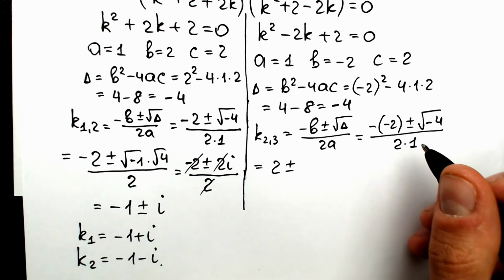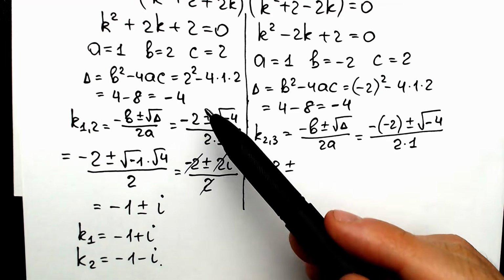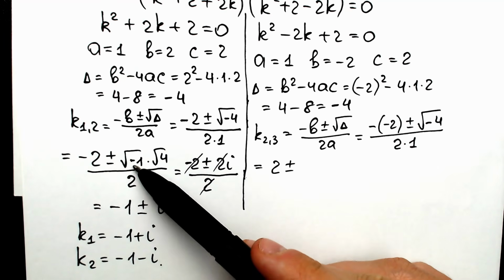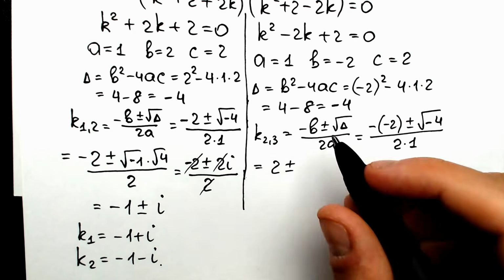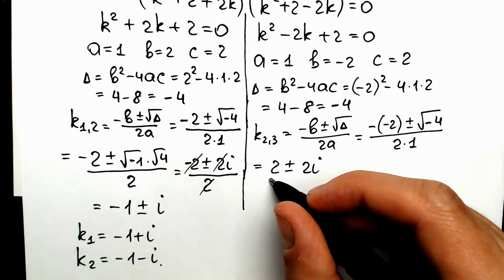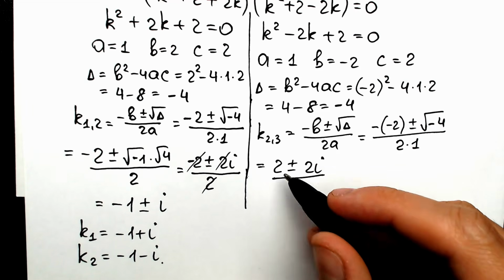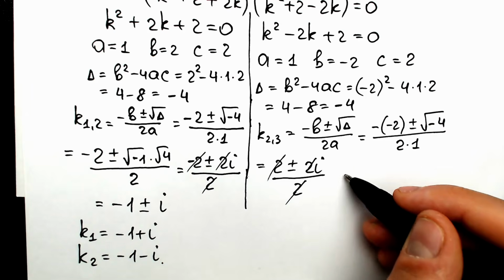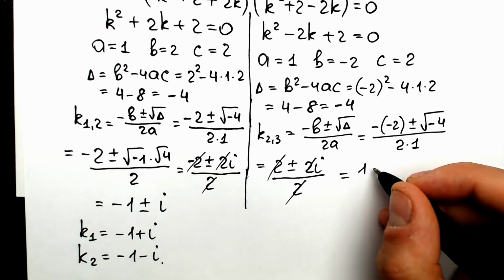We can write it as the square root of minus 1 times 4, which equals 2i, so 2 plus minus 2i all over 2. We're going to cancel this 2, and as a result our final answer is 1 plus minus i.